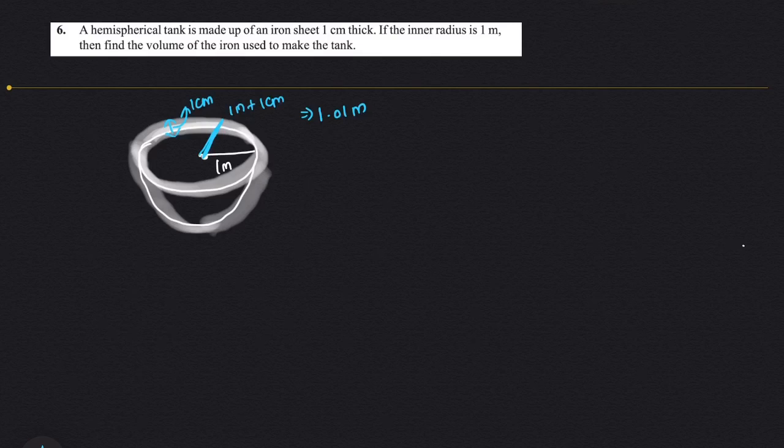Now it's a very simple question. We need to find the volume of iron used. So very simple.